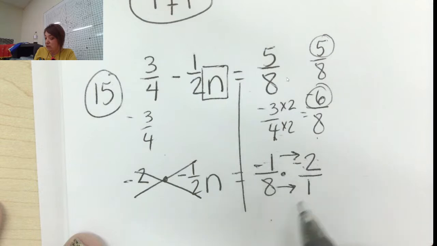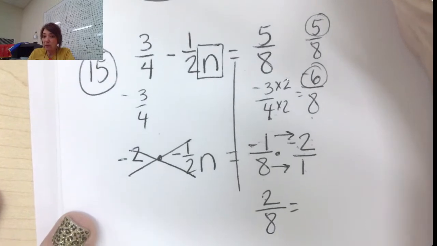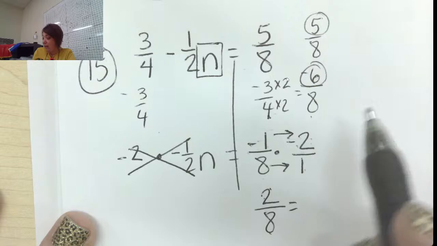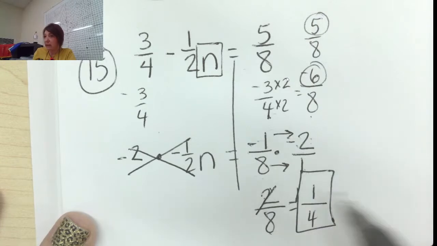What's 1 times 2? And then what's 8 times 1? And can that simplify? Is there something that goes into both of those things? What goes into 2 and into 8 evenly? 2. How many times does 2 go into 2? How many times does 2 go into 8? That's our answer.